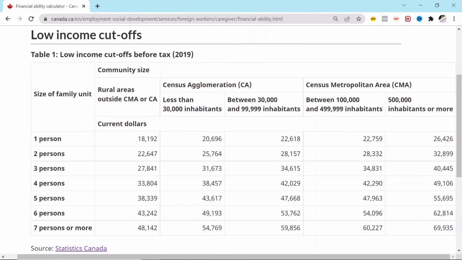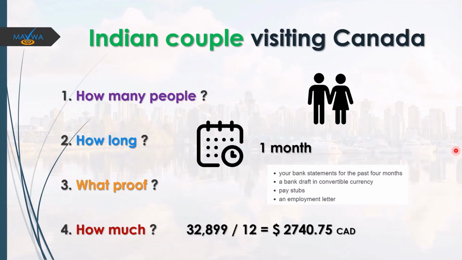So now we're going to use the information from our case study. We need 2 people, right? And they're going to visit main areas. So they're going to be looking at metropolitan areas like Montreal or Toronto or Vancouver. And this is the number to keep in mind: $32,899 per year. So if we go back to our presentation, we have this amount divided by 12 to get the monthly amount.